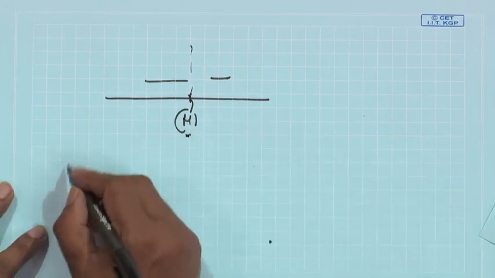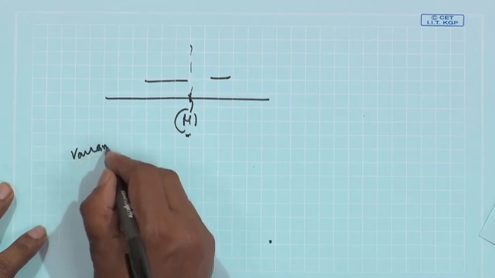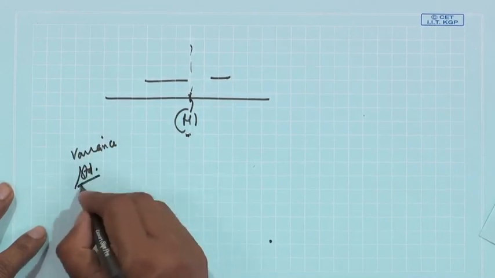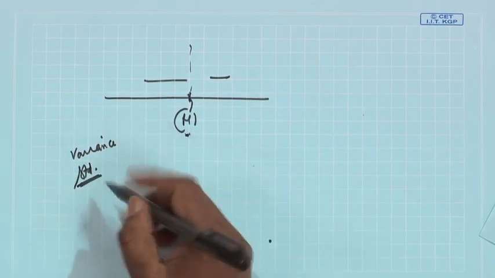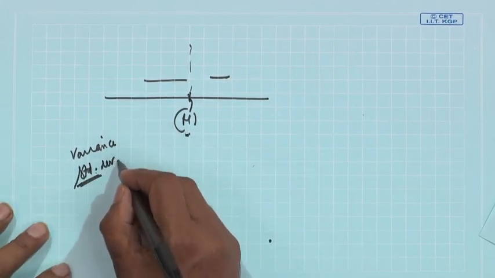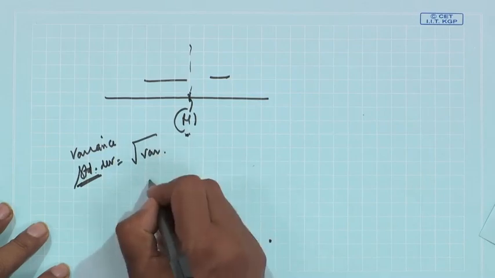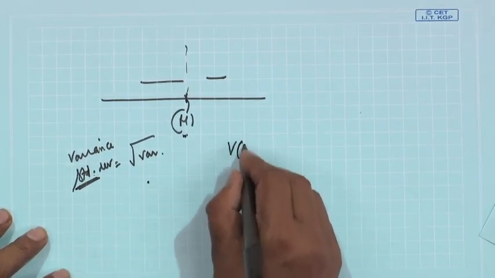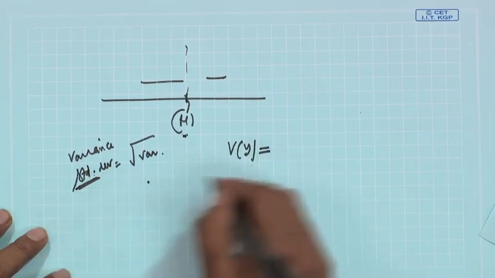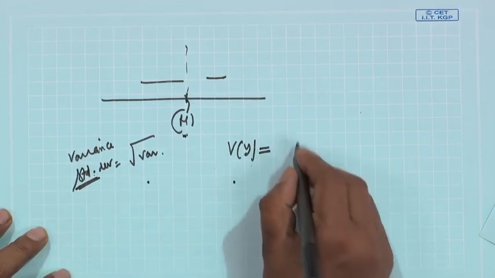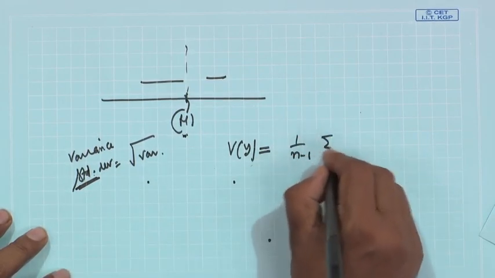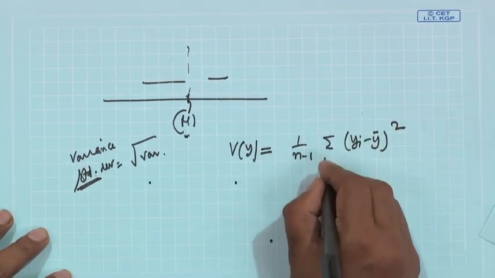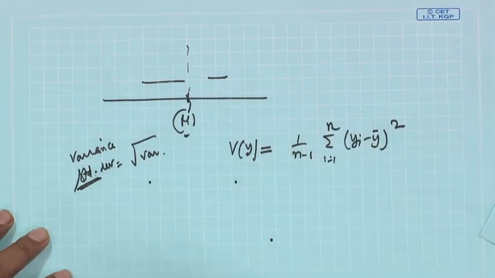The measures of dispersion are variance and standard deviation. Standard deviation is basically the square root of variance. So, how to compute the variance of y from the sample? It will be 1 by n minus 1, sum of (y_i minus y bar) square, i equal to 1 to n.